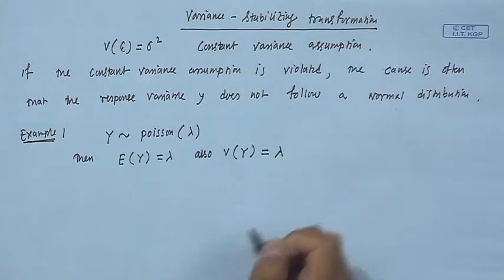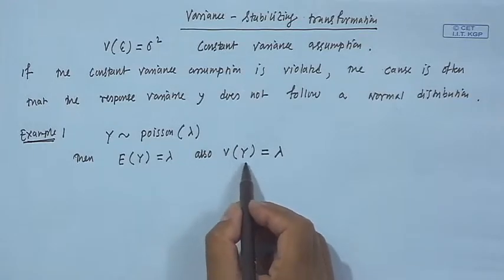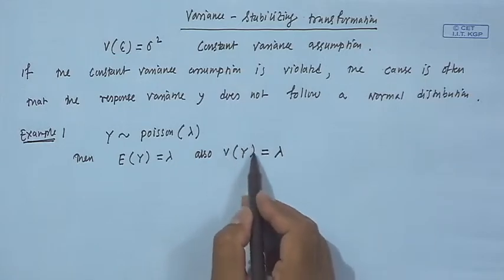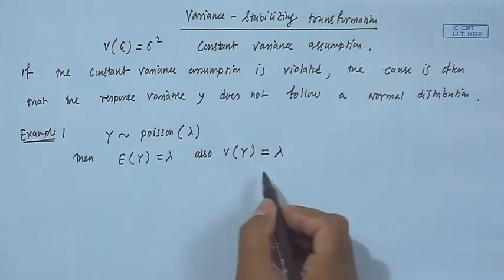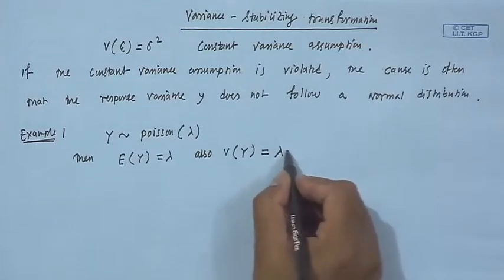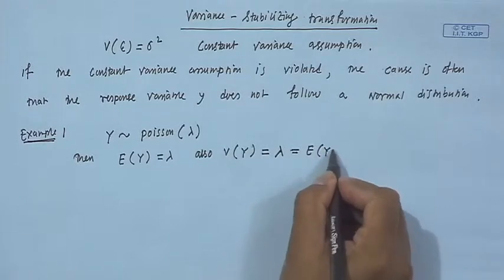So, here you see that the variance of the response variable is a function of expectation. Okay. So, this lambda is nothing but expectation of y.